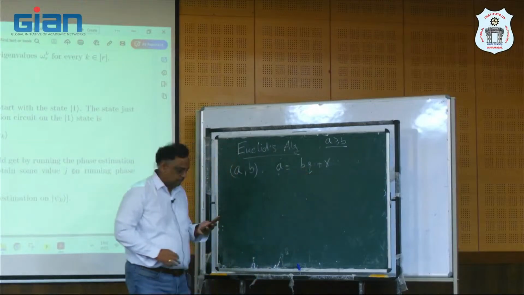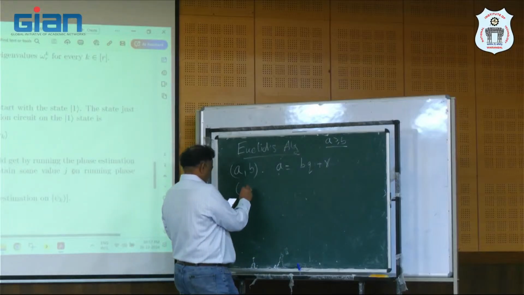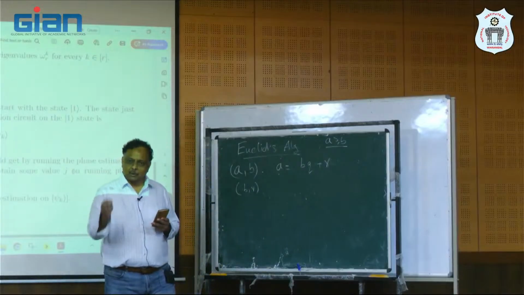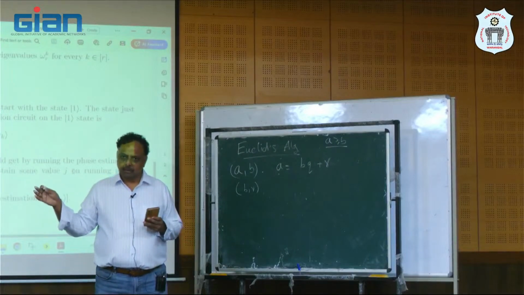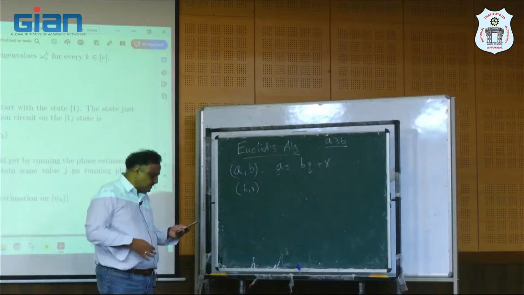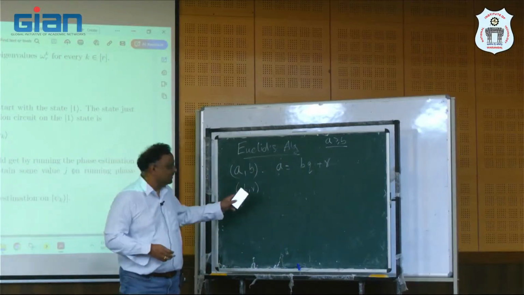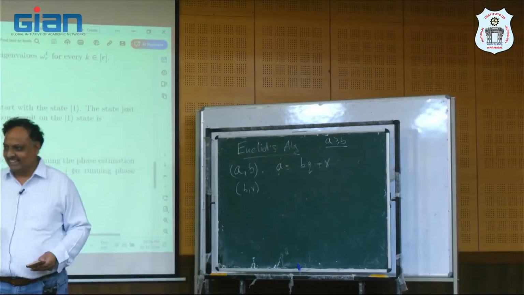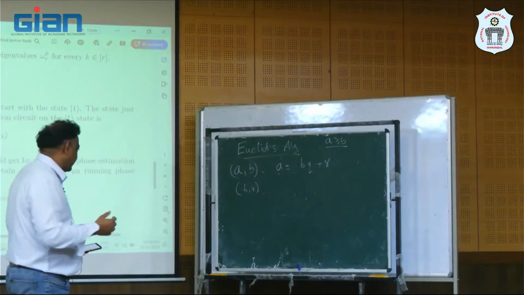Now you repeat with B comma R, because B will be larger than or equal to R. You keep doing this until the remainder becomes 0, and at that time whatever is the B, that is your GCD. Let's do this on an example.